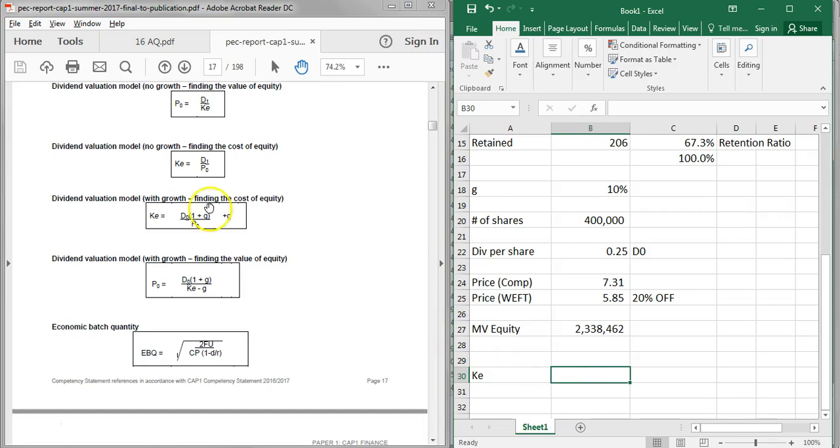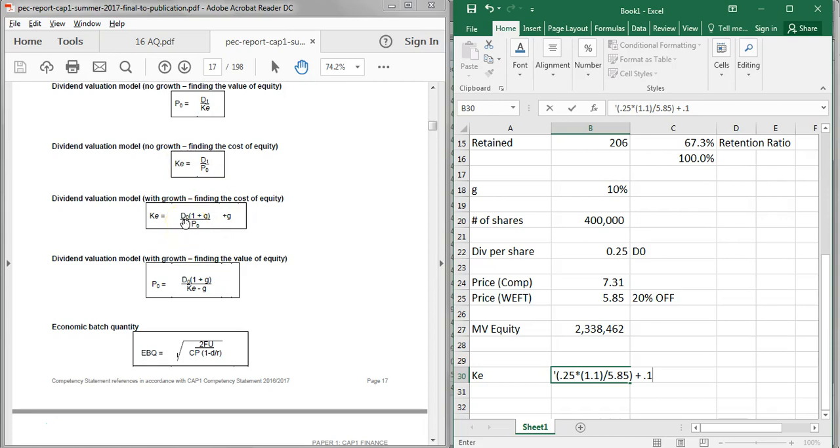So we're told here to get the cost of equity with growth, we say it's the dividend, 0.25, times 1 plus the growth rate, which is 1.1, divided by the price, which is 5.85, and you add on your growth rate, 0.1. So that's coming from that formula here.